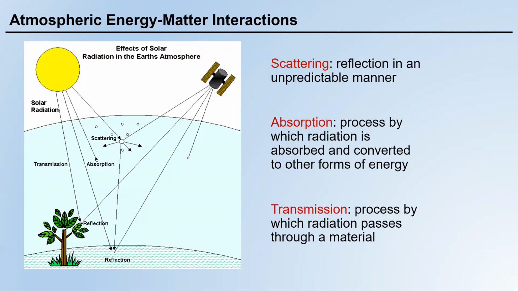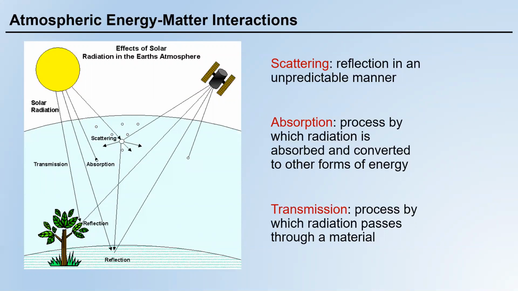And in general, there are three types of them. The first type is scattering, reflection in an unpredictable manner. Then there is absorption, which means that the atmosphere absorbs part of the EMR from the sun, a process by which radiation is absorbed and converted to other forms of energy.